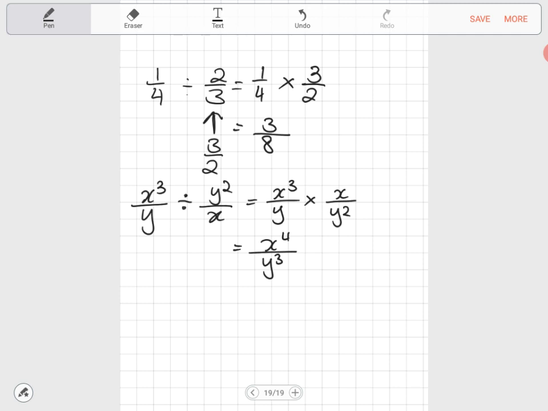Something a bit harder with some numbers in it. Let's go for 2y over 3x divided by 3z over 5xy. Okay, so write down the first one, flip your fraction and change it to a multiplication.